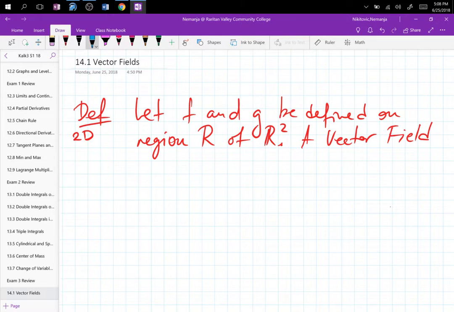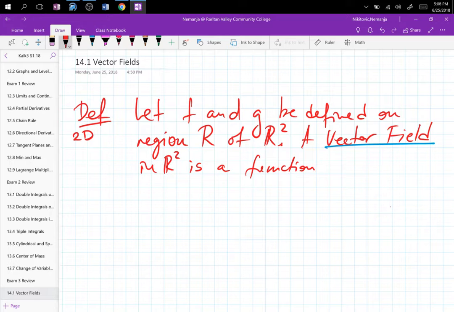This is what we are focusing on. A vector field in R2 is a function F. Now, when you write this F, you have to put the arrow above because it's a vector function.